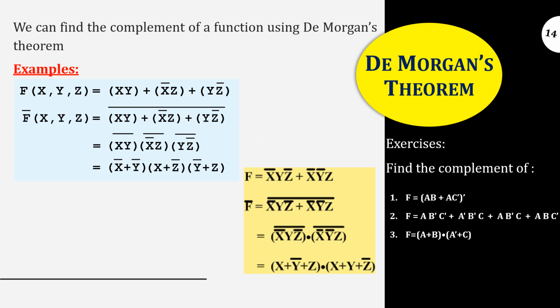Again apply De Morgan's law. We get X double complement, that is X, plus Y bar plus Z double complement, that is Z. So the first term becomes X plus Y complement plus Z, into X double complement plus Y double complement plus Z bar, that is X plus Y plus Z bar.